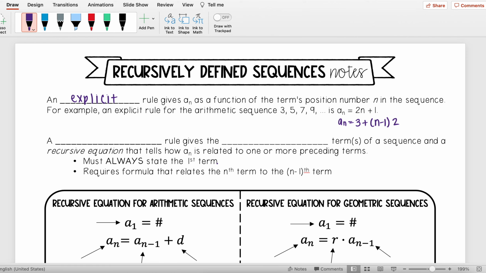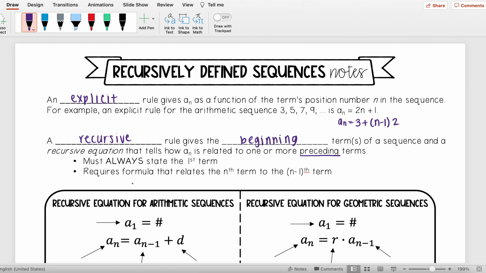So that's for an explicit rule, but today we're going to be looking at a recursive rule. A recursive rule gives the beginning terms of a sequence and a recursive equation that tells how an is related to one or more preceding terms. And here are a couple of things to keep in mind.